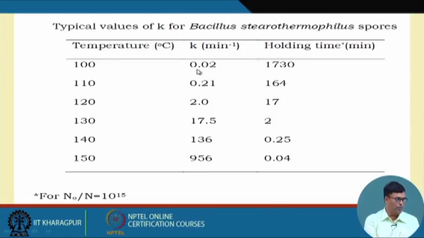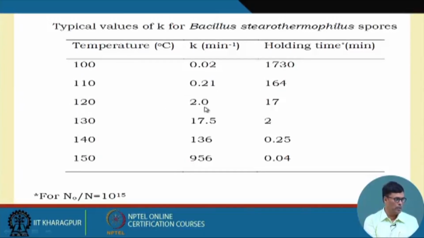Now, as you see, when we heat the media at 100 degree centigrade, the Kd value is 0.02, and the sterilization time is 1730 minutes. But at 110 degree centigrade, the Kd value is 0.21, and the time is reduced to 164 minutes.